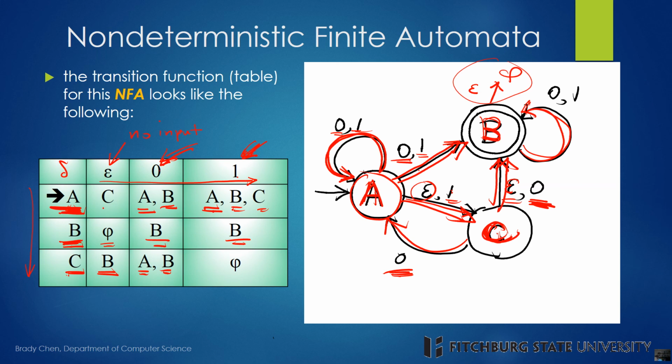Now in this case, if we don't have an input value 1 drawn in this diagram, that means C combined with input value 1 goes to nowhere.